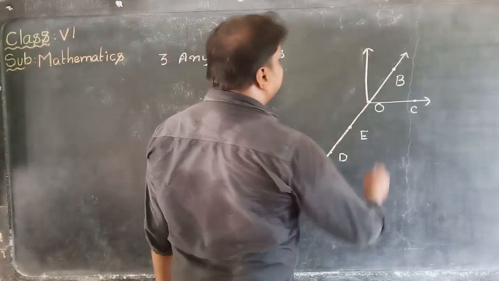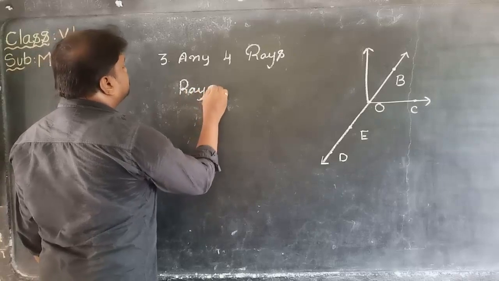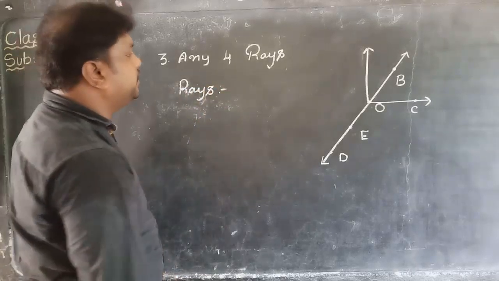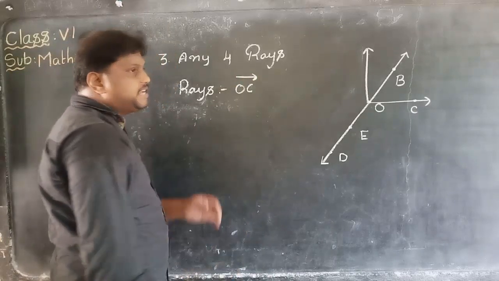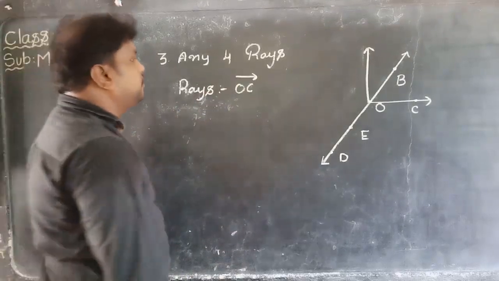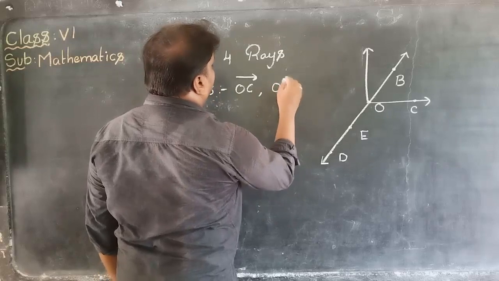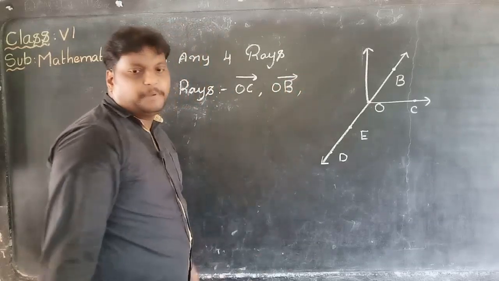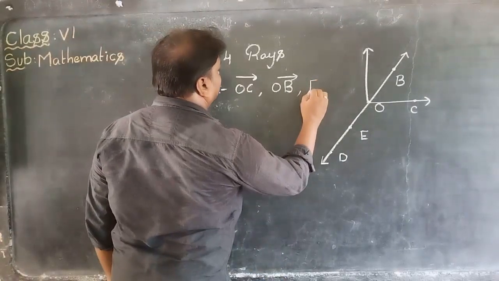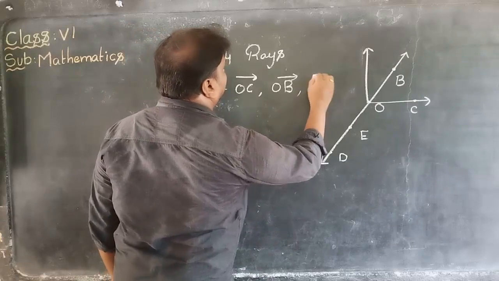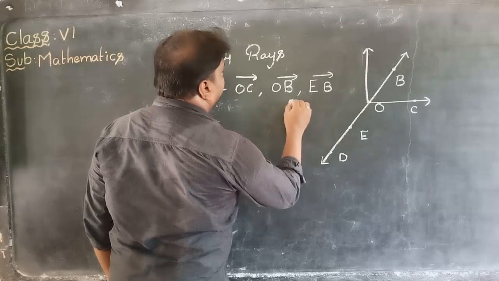See, this answer also may vary. OC is one ray. Observe the symbol: only one side has an arrow mark. OC is one ray, OB is one ray, EB also one ray and DB also one ray.